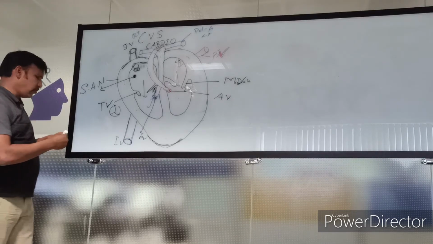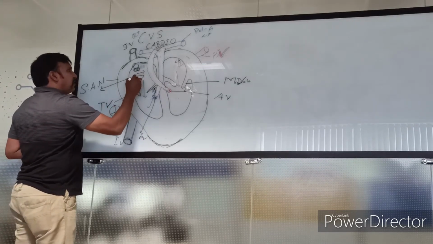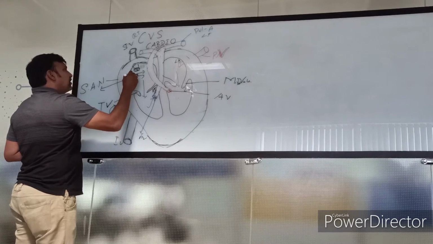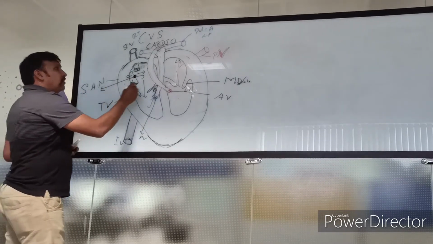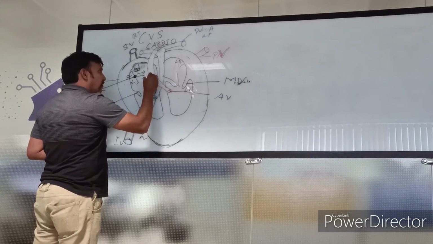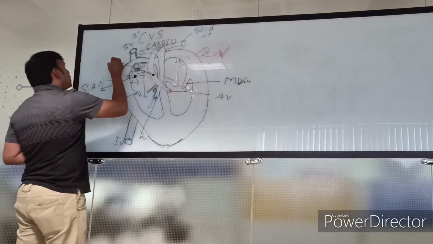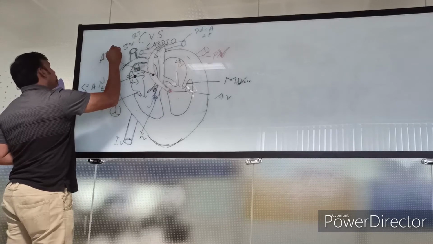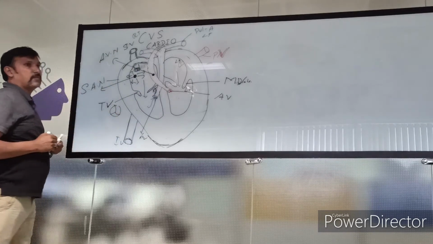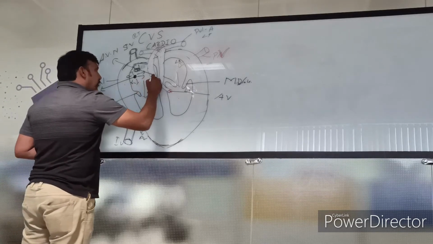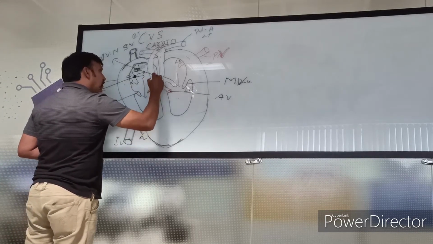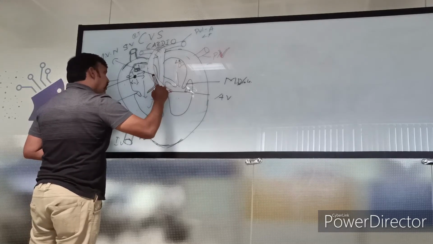Listen first: it just generates energy, an electrical impulse that is sent out. From the sinoatrial node, there is one more node inside, imagine that. That is known as the AV node, the atrioventricular node.